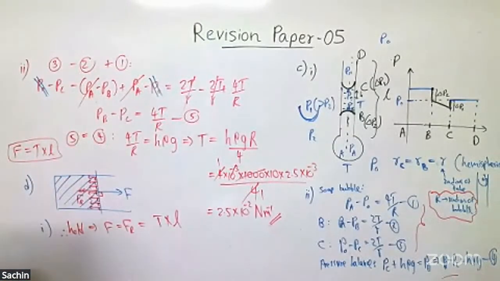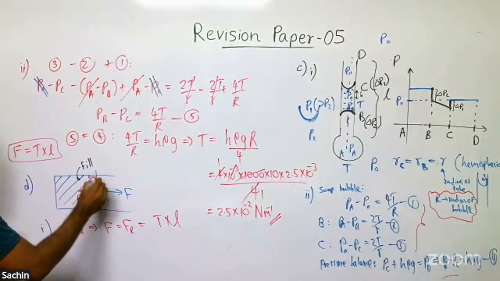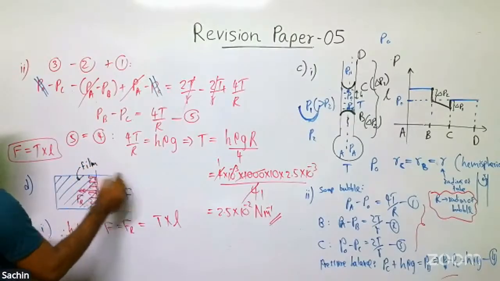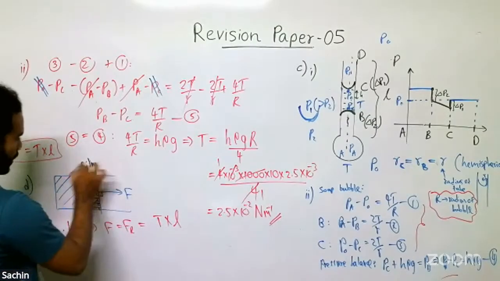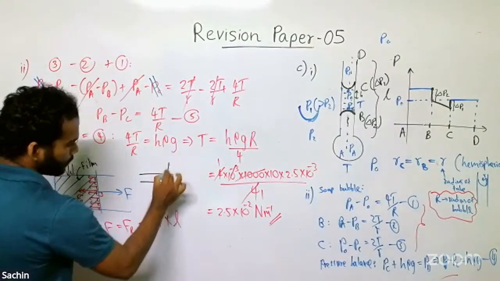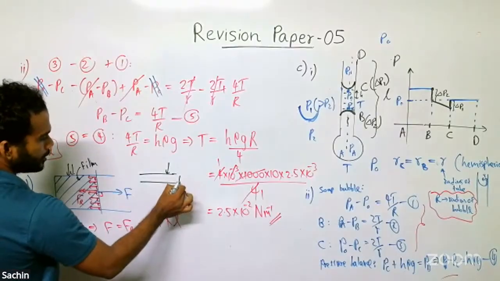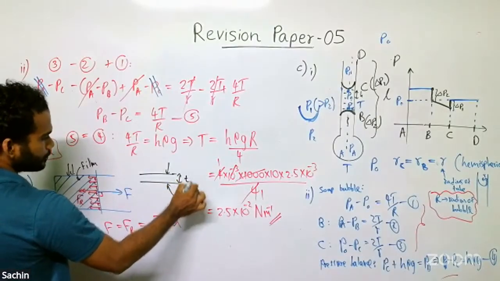By the way, you have to notice another thing. This is a film. Film means, if you look at it from the side, there are two surfaces, the first surface and the bottom surface. This is the thickness of the film.